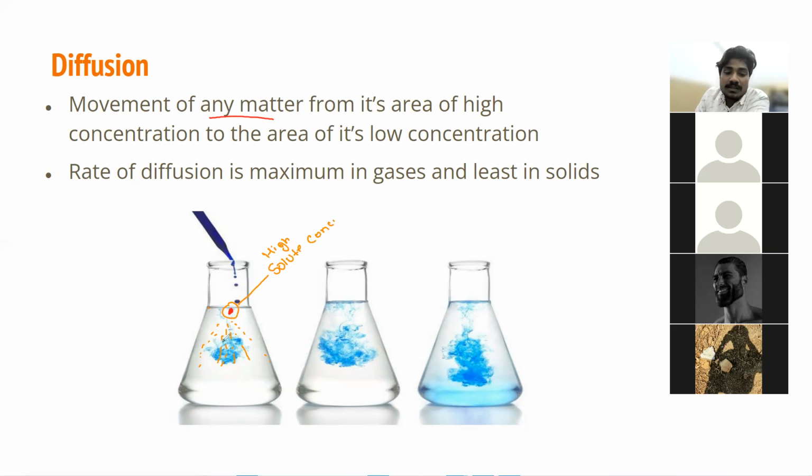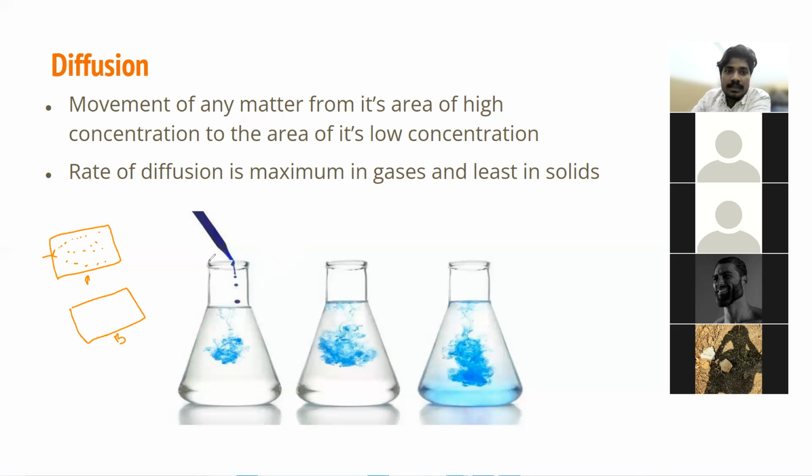And why am I using this word direct? Please listen carefully to these statements, because in the exam they might ask you this type of question. Suppose this is box A and this is box B. From one point you are releasing some gas, so that gas molecule will diffuse in all the space after some time.